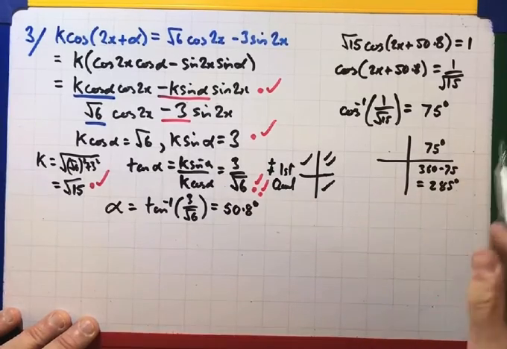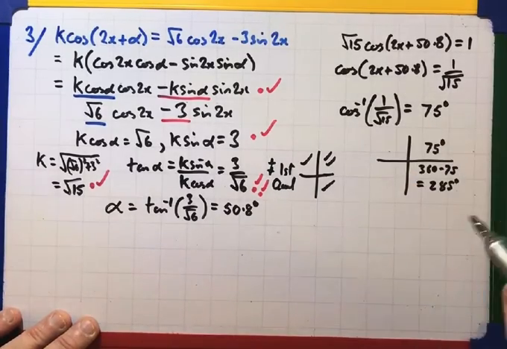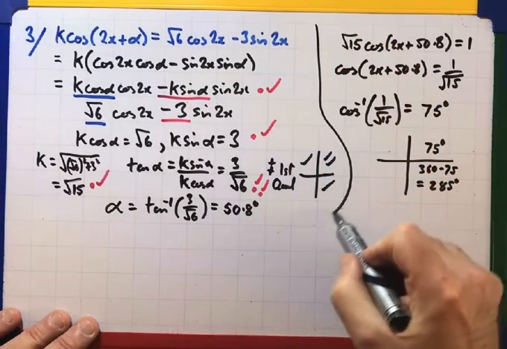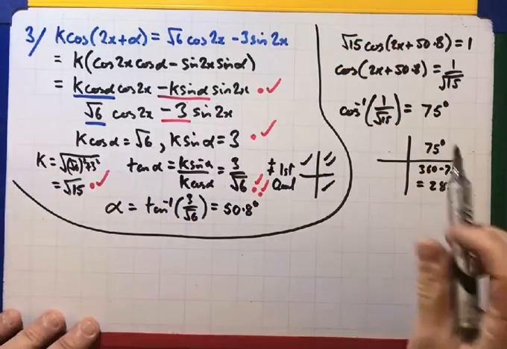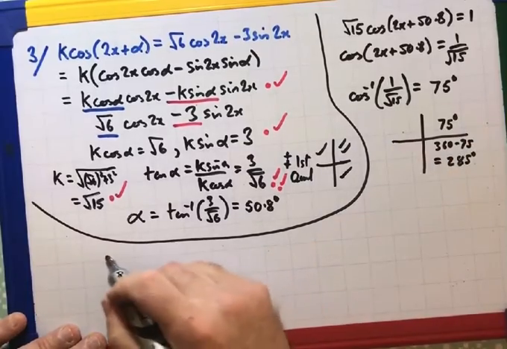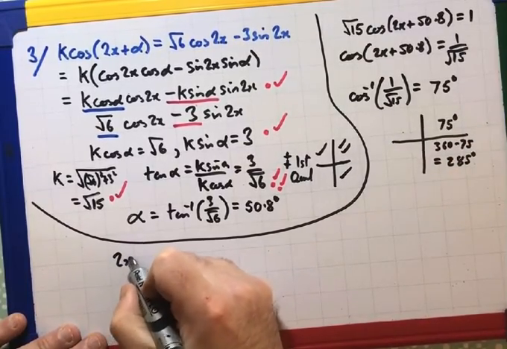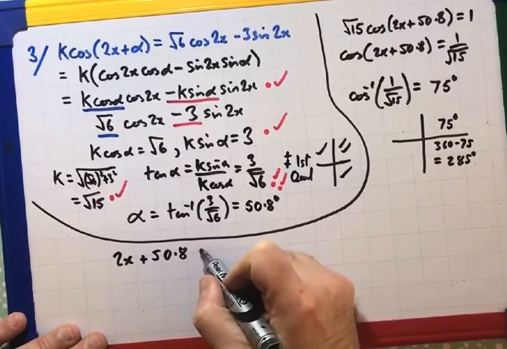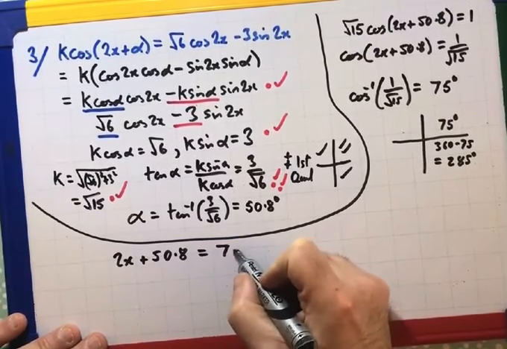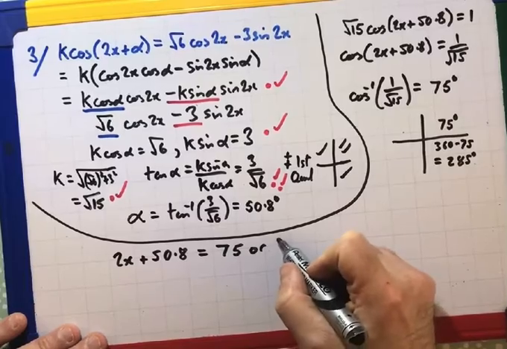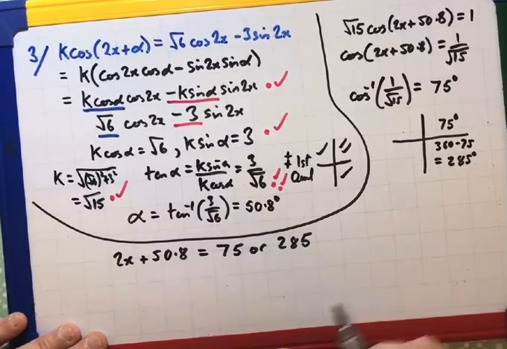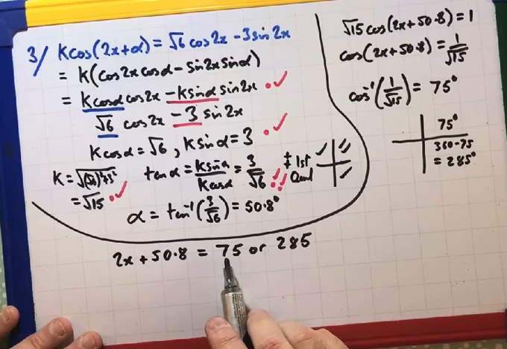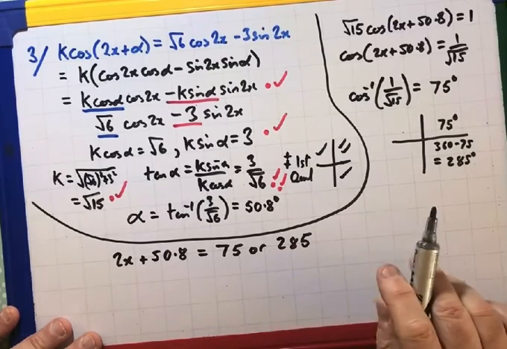So we know that bracket, which is 2x plus 50.8, is equal to 75 or 285. Yeah?